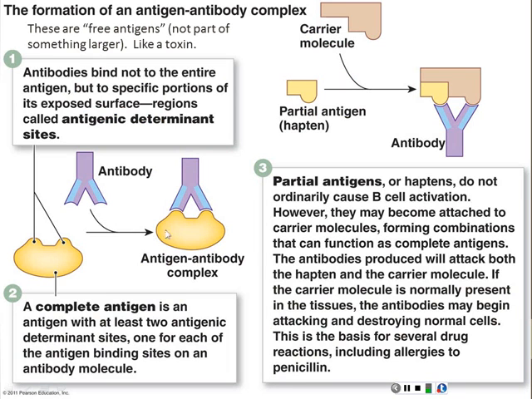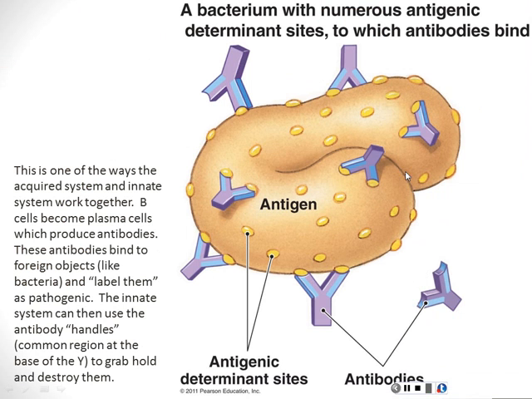Also, when this happens, let's say this is a toxin, like botulinum toxin. When the antibody attaches to it, usually the toxin is neutralized because it can't do its thing if it's got this giant antibody molecule attached to it. So chemically it becomes inert. And we're not going to talk about the whole partial antigen hapten thing because it doesn't come up.